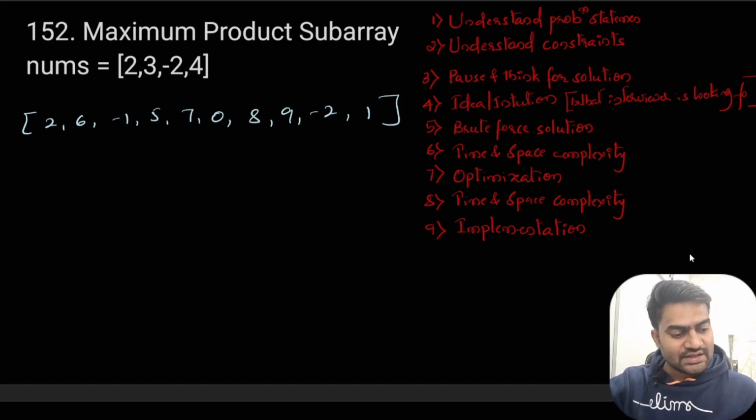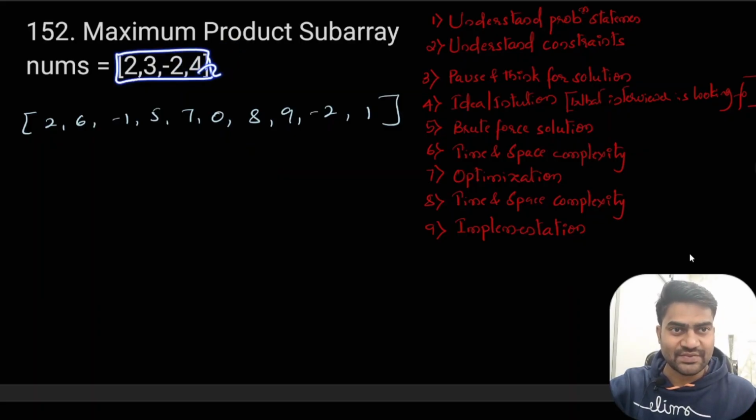So what is this problem? Basically, we are given an array, and we need to find a subarray. What is a subarray? A subarray is any part of the array which is contiguous. That means 2 can be one subarray, 2, 3 can be another, 2, 3, -2 can be another, and the entire array can be a subarray.